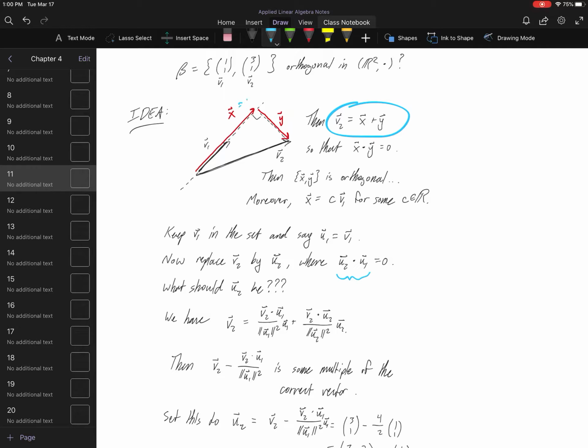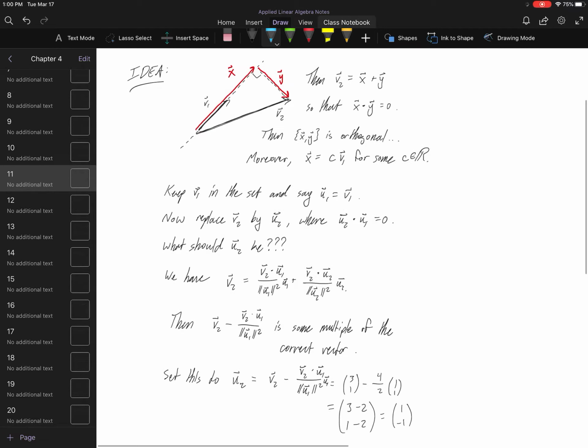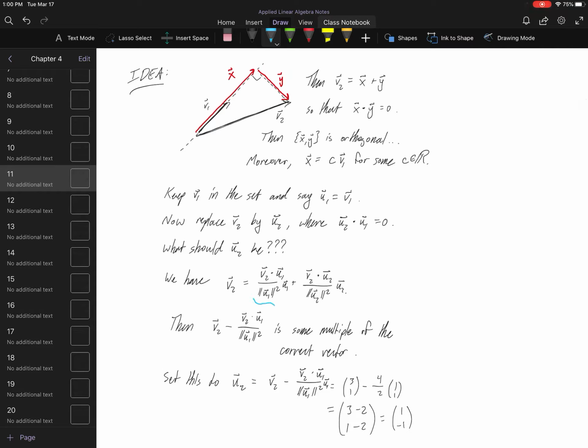But we know this relationship here, that x plus y, in this case x is equal to some multiplicative constant times u1. In particular, what's happening here, we are saying that v2 is going to be some amount of v1, which is u1 in this case, plus some amount of u2. Okay?